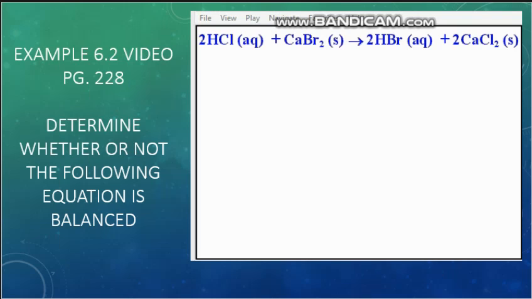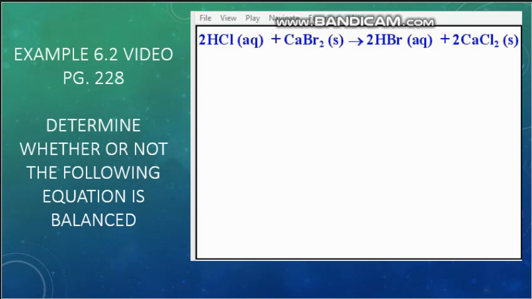All right, we're going to have an example where this question is going to ask you, is this chemical reaction balanced? So take a look at it and tell me right now, is it balanced? Anybody got it? I think it is. Actually, no, I don't think it is.